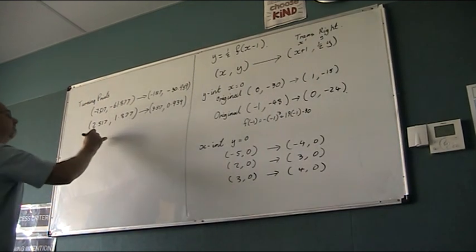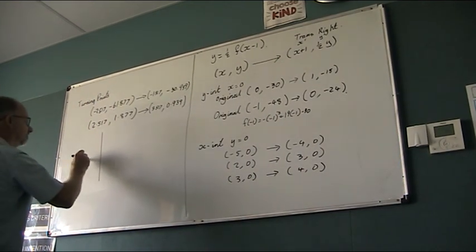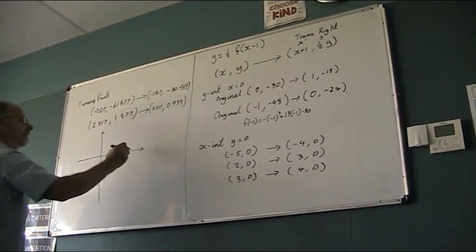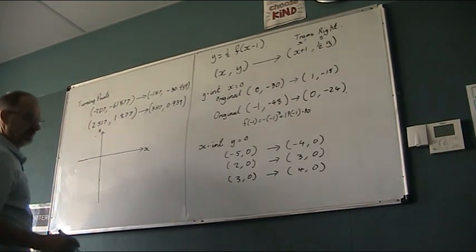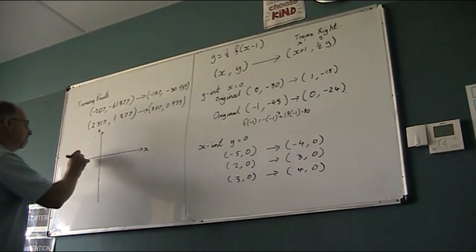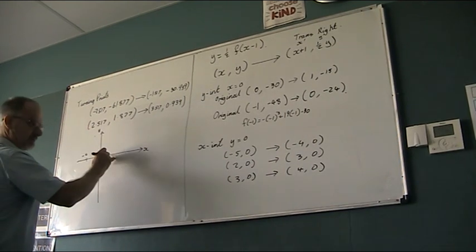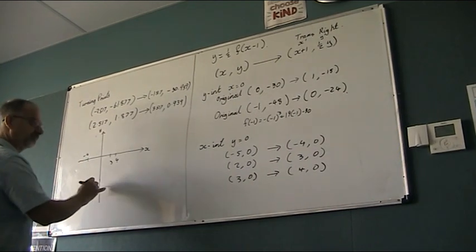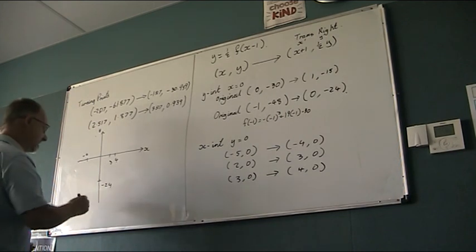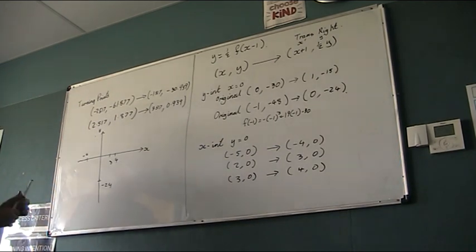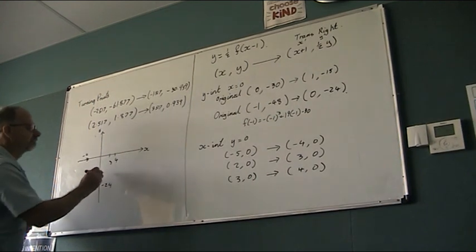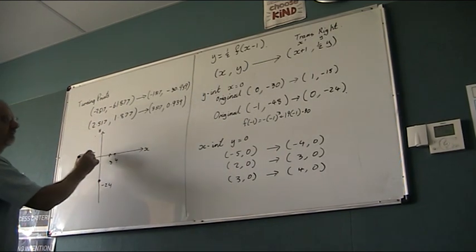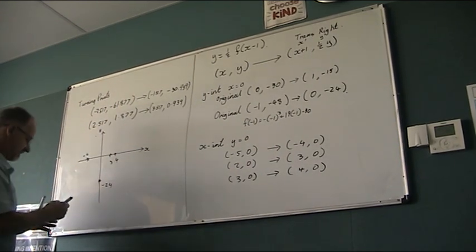Then we can sketch. All right, so intercepts, negative 4, there's negative 4, that'll do. 3 and 4, that'll do. Negative 24's there. Turning points, negative 1.5 and negative 30, that's about down there somewhere.